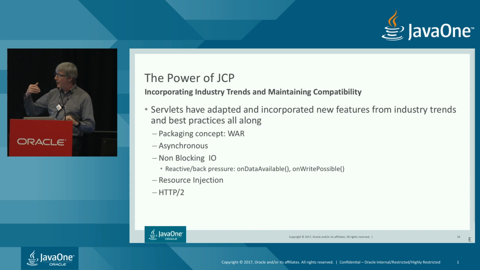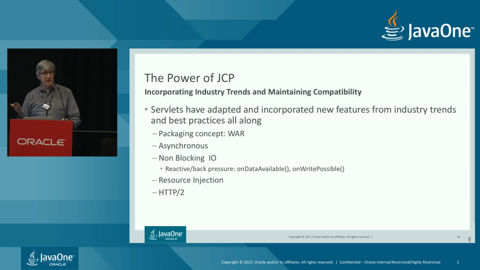So we've had the packaging concept of WAR for forever. We added asynchronous I/O as that started to be more and more popular, when it came into the Java platform with NIO. I would also say that we had the ability to do a fully reactive application even before the reactive manifesto was put out there, being able to have back pressure with the onDataAvailable and onWritePossible methods.